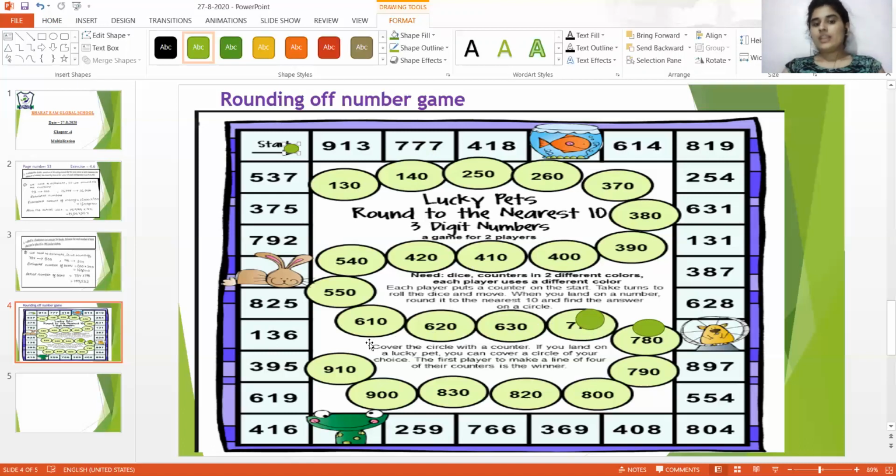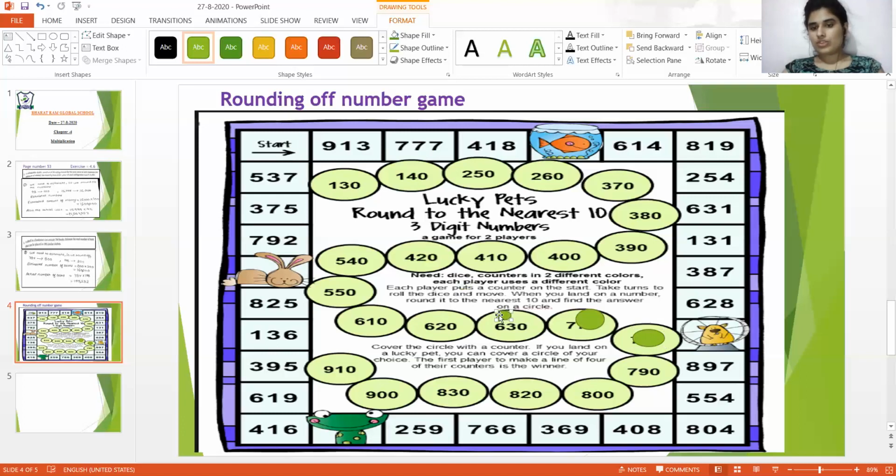If you land on the lucky pad like this, and like this, you can cover a circle of your own choice. The first player to make a line of 4 of their counters is the winner. The first person who makes a line of 4 circles will win the game.